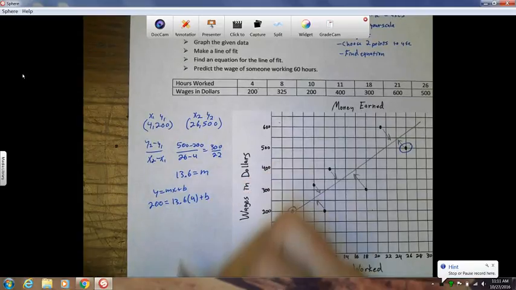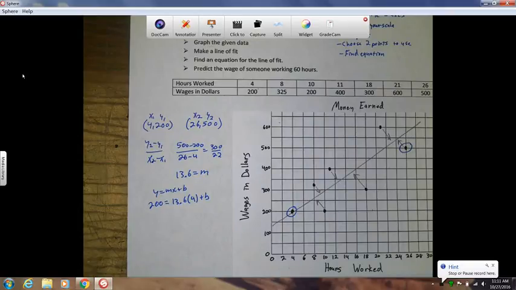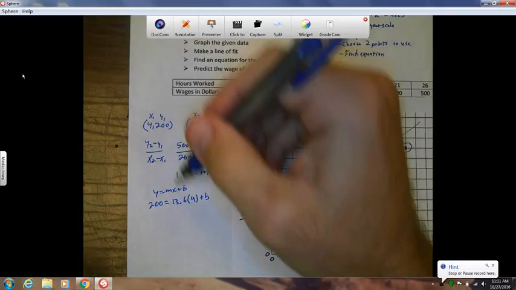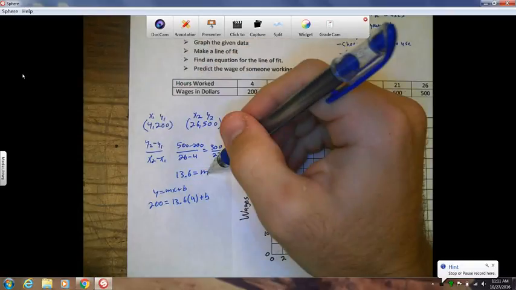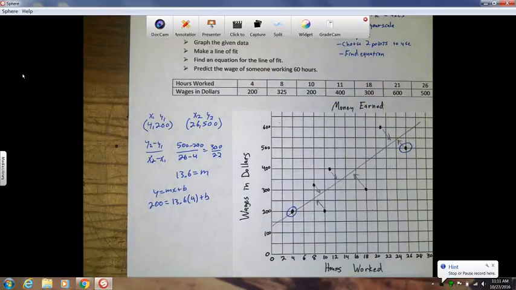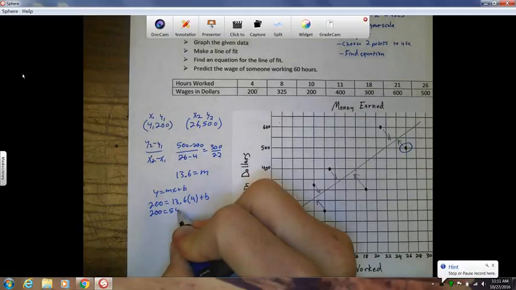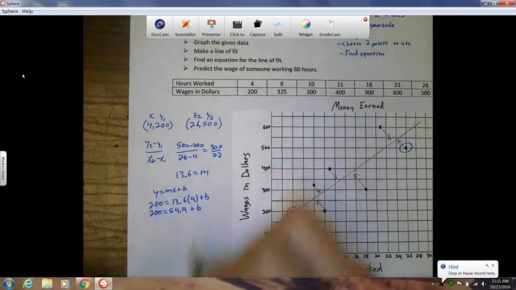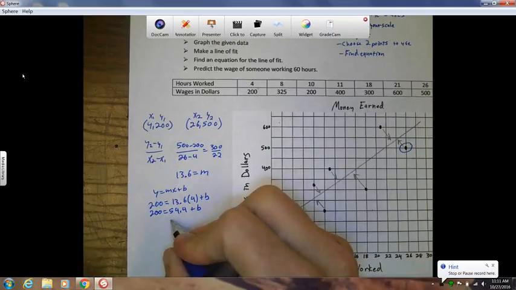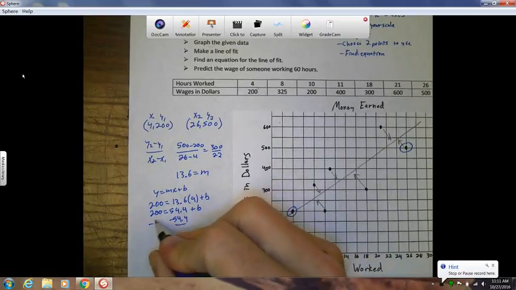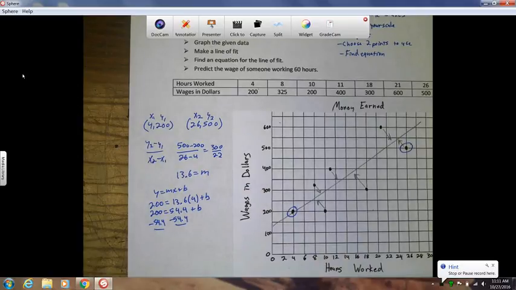Then subtract. So there's b, so the equation for my line is y equals 13.6x plus 145.6. So there's the equation for my line of fit.